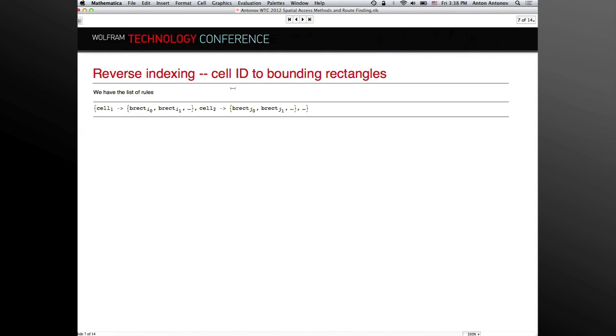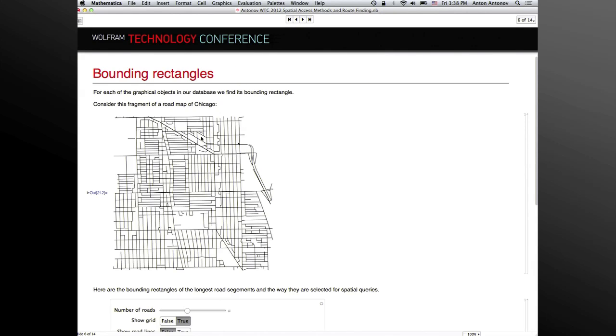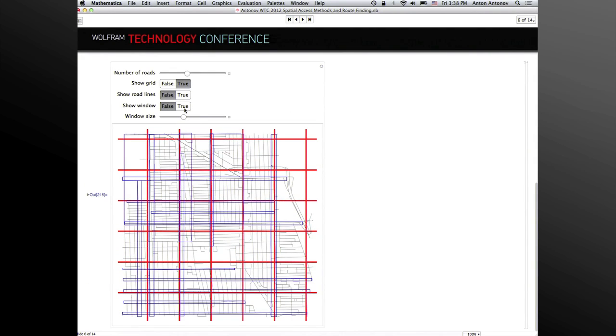So after that, if I have some window query, this is the area which I want to query. I look into which of the basis squares belong to this window area.